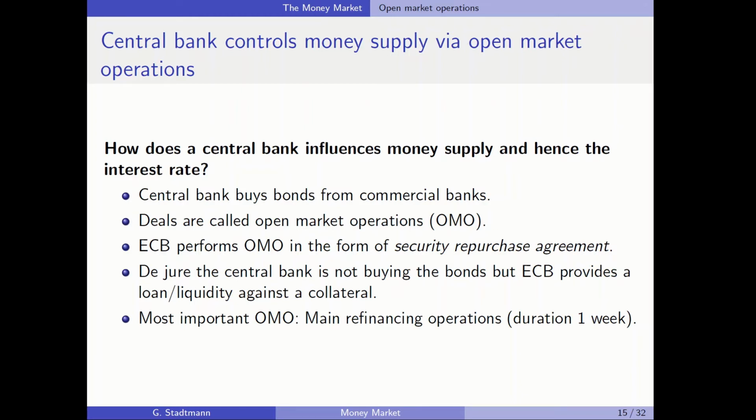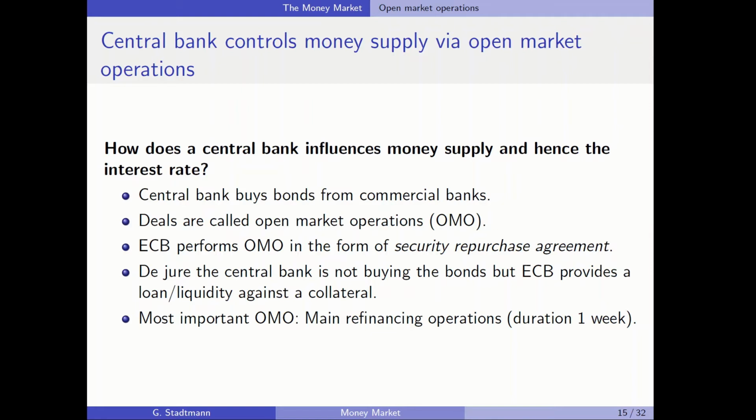I'm stressing that it's exactly the same bonds, and this implies that in case the value of these bonds decreased over this time period of 1 week, it is not affecting the profit of the ECB, but it's affecting the profit of the Deutsche Bank or the Sparkasse Oder Spree.